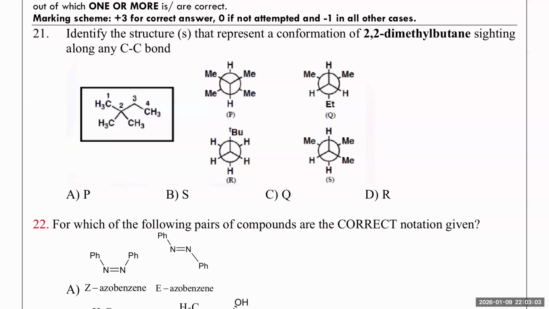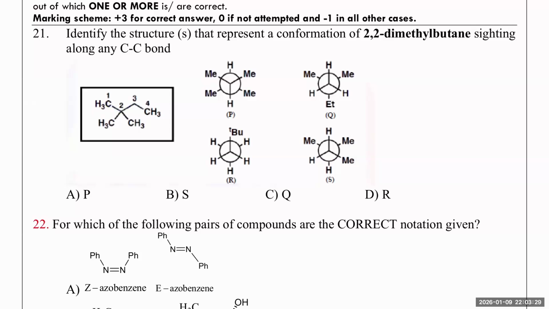See this next question. Identify the structure that represents a conformation of 2,2-dimethyl butane sighting along a carbon-carbon bond. So you can take any carbon-carbon bond and try to make a conformation out of it. You can take carbon 1,2, carbon 2,3, carbon 3,4, and make a conformation.